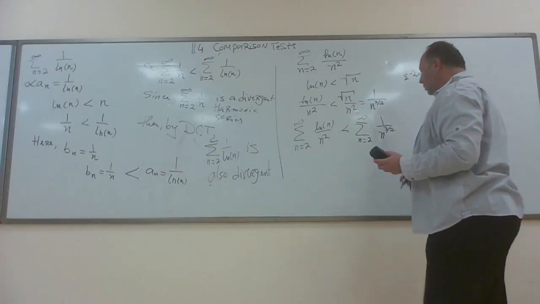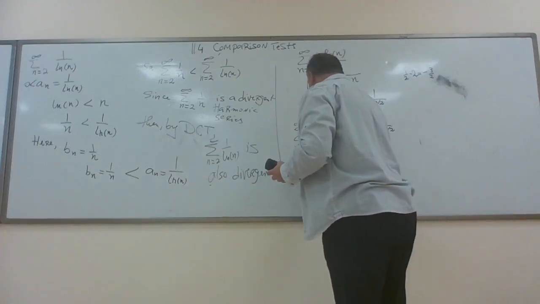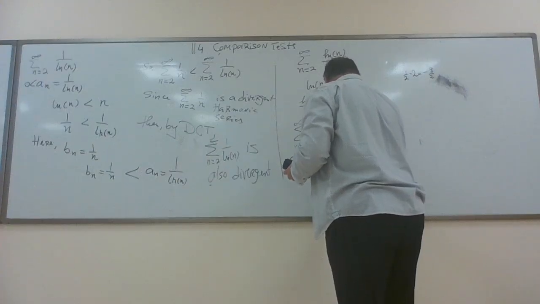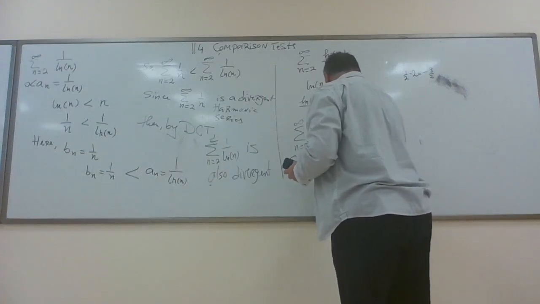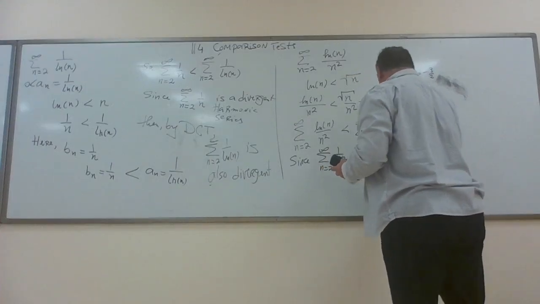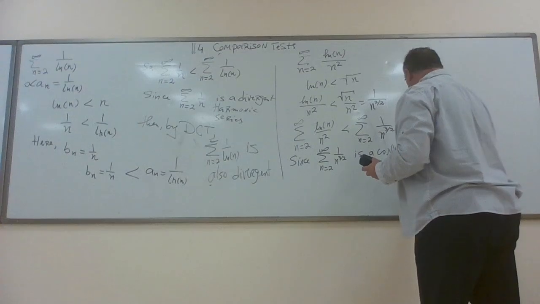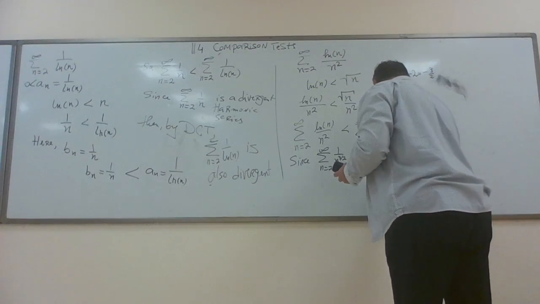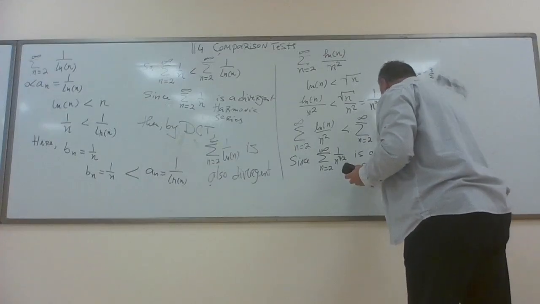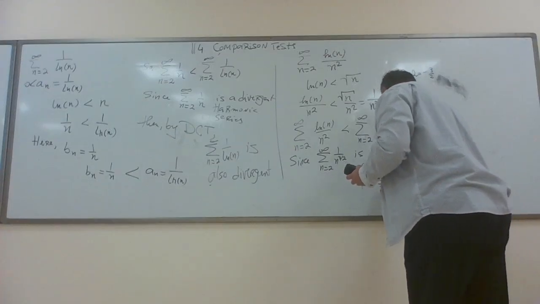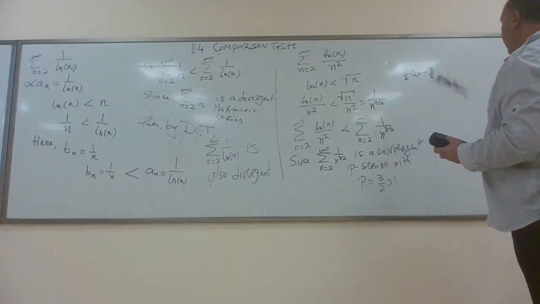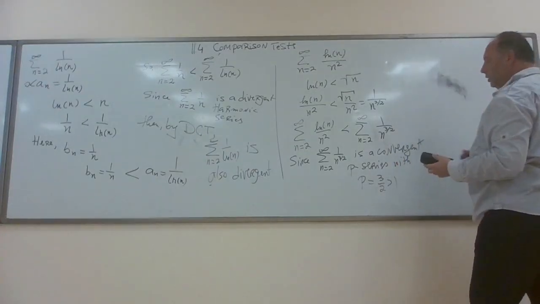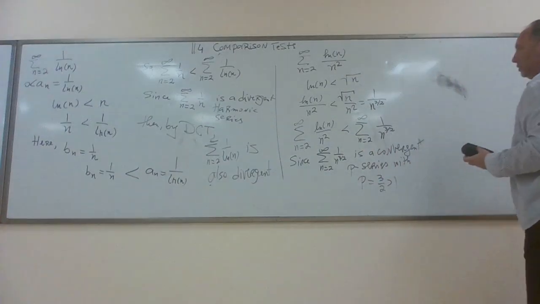So this is a convergent p-series, with p equal to 3 over 2, which is bigger than 1. Since that's the case, that means that the smaller series is also convergent.